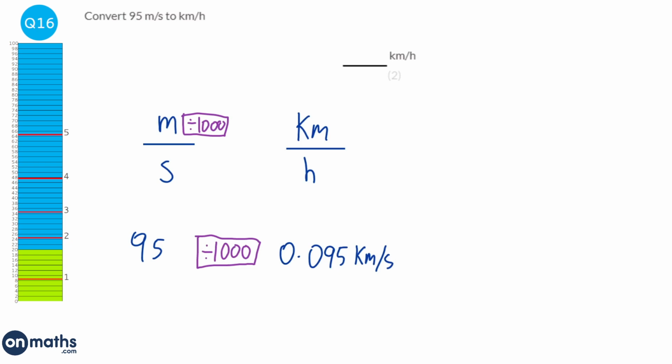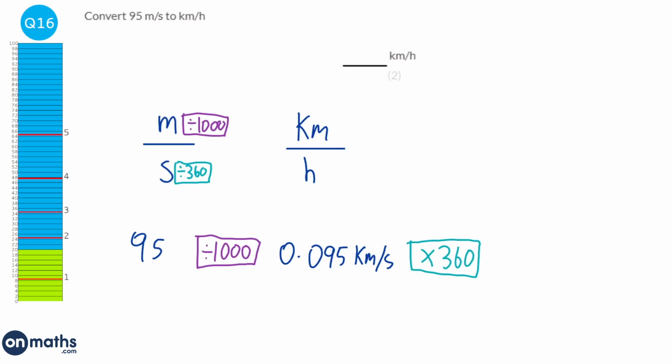To convert seconds to hours, we divide by 60 and then divide by 60, so we divide by 3,600. Seems simple enough. But the seconds are at the bottom of a fraction, and when you divide the bottom of a fraction by something, you actually times the whole fraction by that thing. So we're going to times the whole fraction by 3,600.